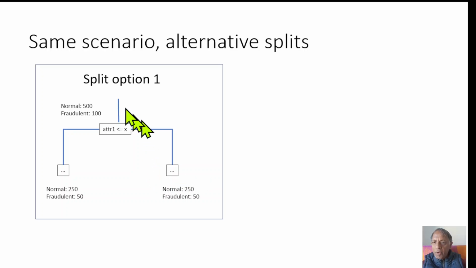Okay, so here we've got 600 cases coming into the tree, and these are, let's say, income tax returns, and the return can either be normal or it can be fraudulent. Now here it turns out that in our original data, 500 cases are normal, 100 cases are fraudulent. In other words, the number of fraudulent cases is about 1/5 of the number of normal cases.